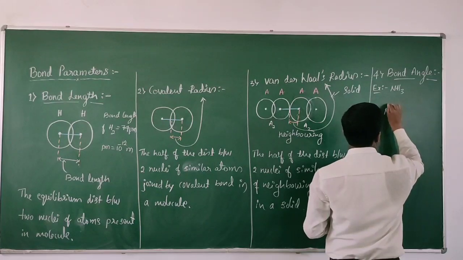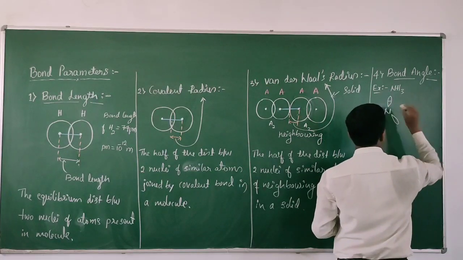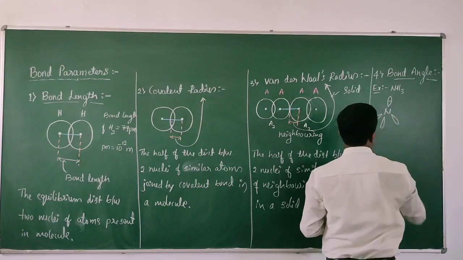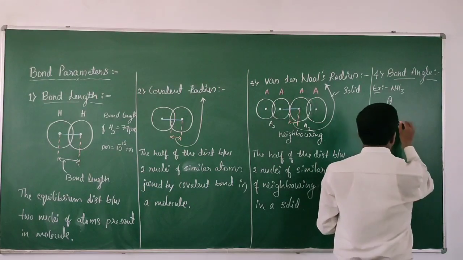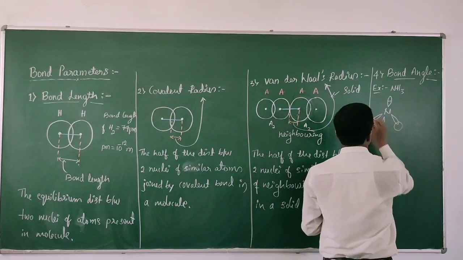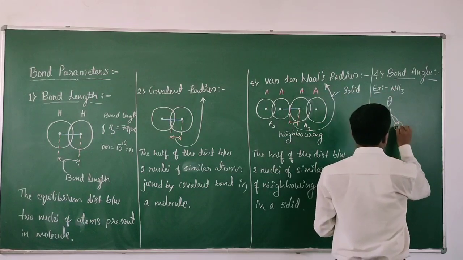Okay, here two lone pairs of electrons are present. Here it is bonding, here it is bonding, here it is bonding. Hydrogen atoms are bonded like this. This is hydrogen.